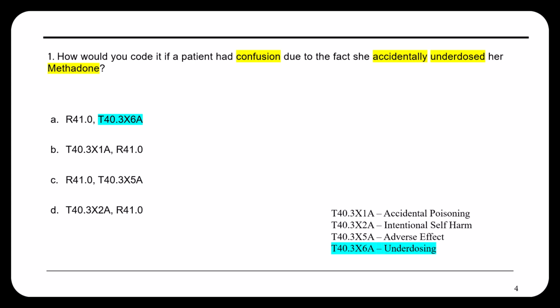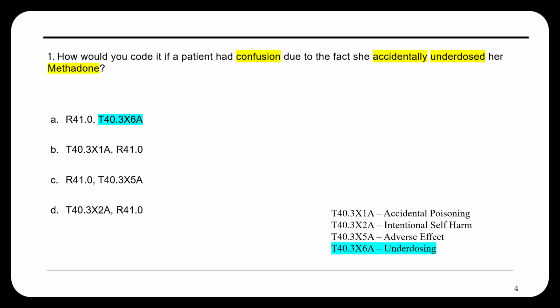As I was mentioning, each specific code has a category it belongs to. You can see here that the last number, a 1, is accidental poisoning. Then we have a 2 for intentional self-harm. 3 is 3x5a, adverse effect.